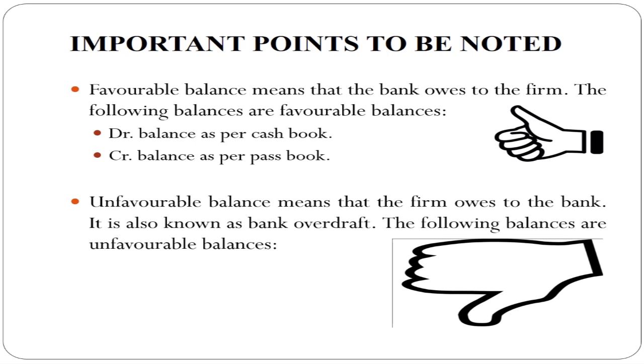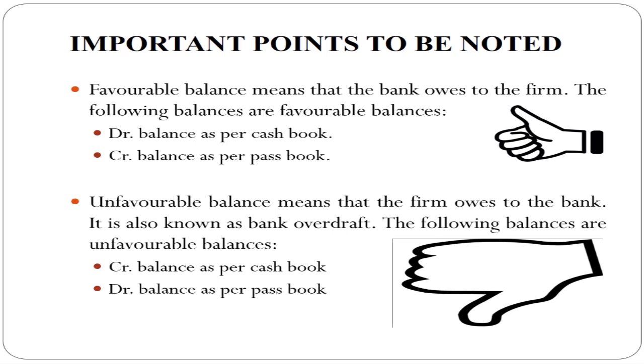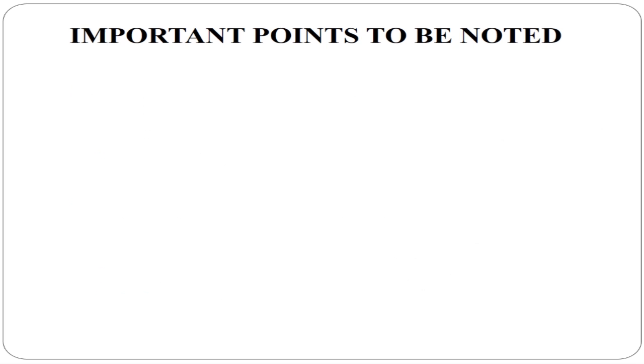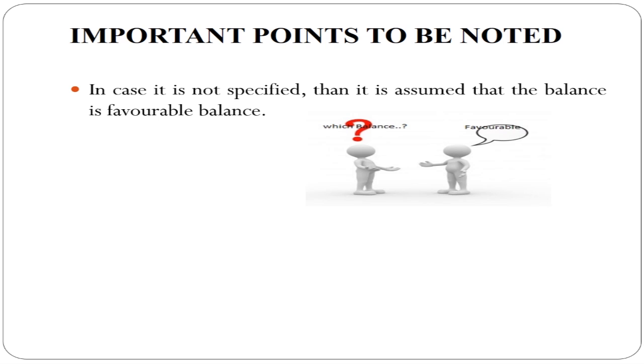Now, unfavorable balance means that the firm owes to the bank. It is also known as bank overdraft. The following balances are unfavorable balances. First one, credit balance as per cash book and debit balance as per passbook. In case it is not specified, then it is assumed that the balance is favorable balance.